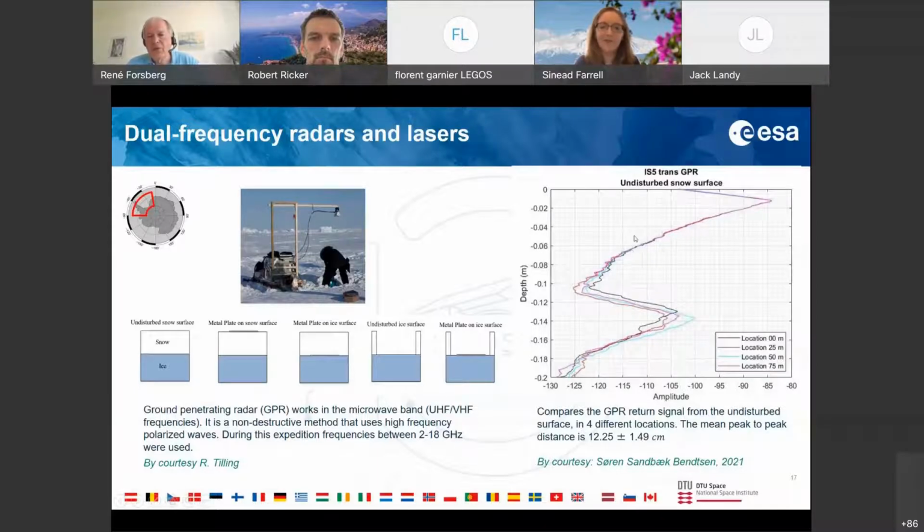You can basically see, when you look at the reflection of this ground penetrating radar from the surface down to 20 centimeters, you get peaks there around 14, 15 centimeters. And these are on 4 different locations. And again, it's quite consistent with the 15 centimeters we just measured. So there's a lot of potential to really validate the satellite determination of snow depths in some of these data.